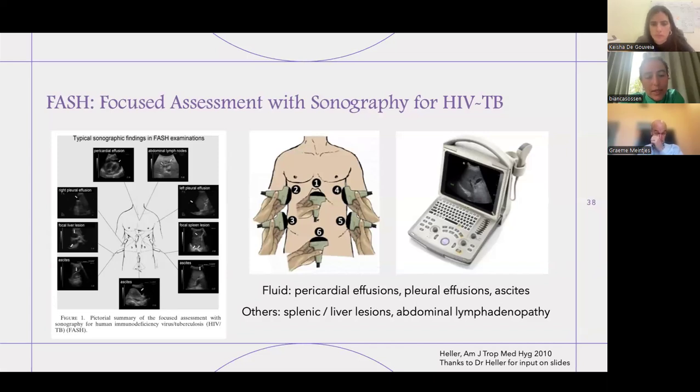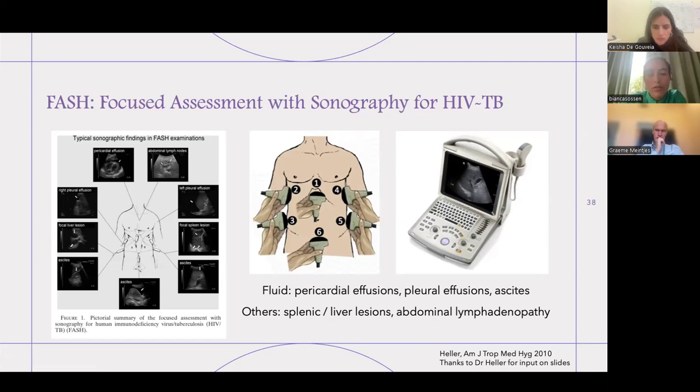This was replicated quite closely, but added to, in relation to the FAST ultrasound that we may do in trauma settings. It's ultimately various points of the abdomen looking initially just for fluids, so pericardial effusions, pleural effusions, or ascites at different points, and then some additive checks, if you're able to do so, ultimately splenic or liver lesions and abdominal nodes.